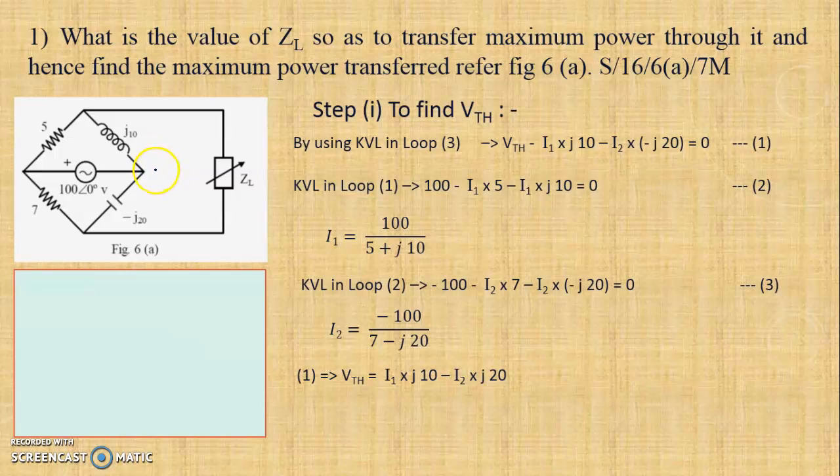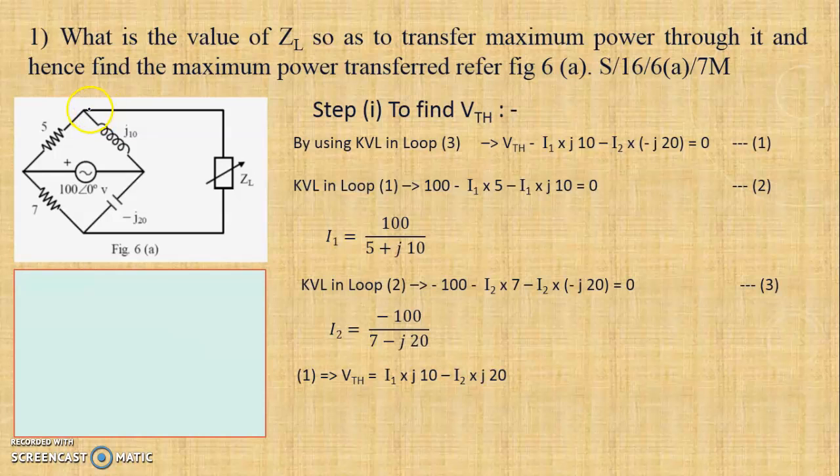Now please remember that the steps to find the value of ZL and hence P max are the same as the steps of Thevenin's theorem. So you can check in the slide that step 1 is written for this particular circuit. So let us start. First, let us mark the terminals, because this particular numerical is somewhat different.